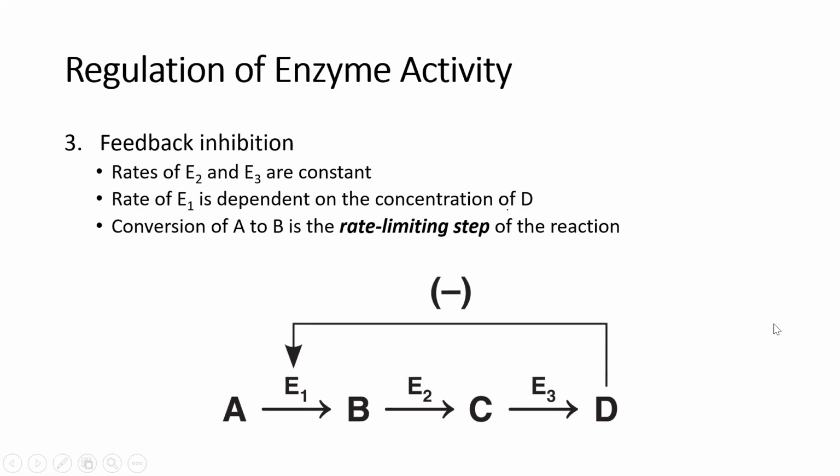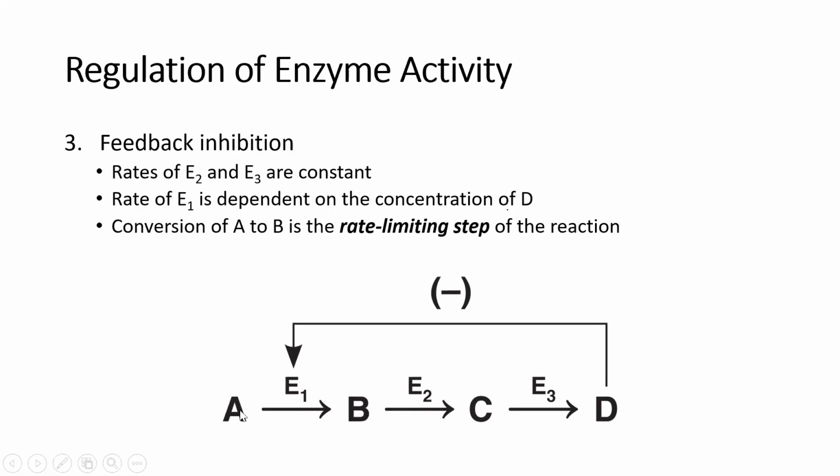Another example here is where the rates of E2 and E3 are constant, but the levels of product D will feed back upstream and alter the activity of enzyme 1. So this is another example of feedback inhibition. The conversion of A to B is going to be the rate limiting step in this reaction.